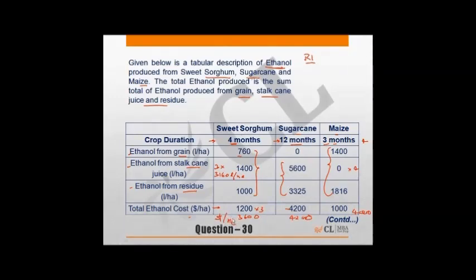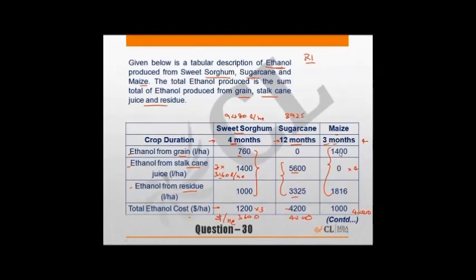Okay. But what is it that you are producing? The ethanol produced is 3 into 3160, which makes it 9480. So total ethanol produced will be 9480 liters per hectare in the full year on the basis of sweet sorghum. For sugarcane, 5600 plus 3325, 8925 liters.